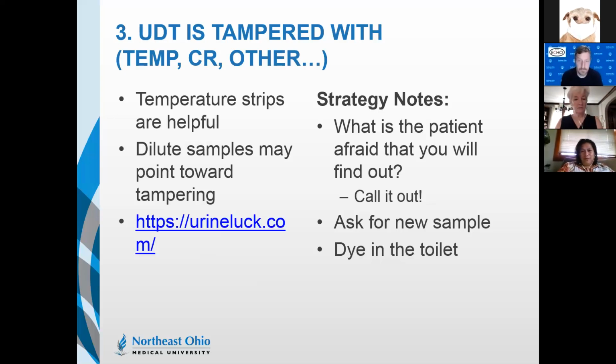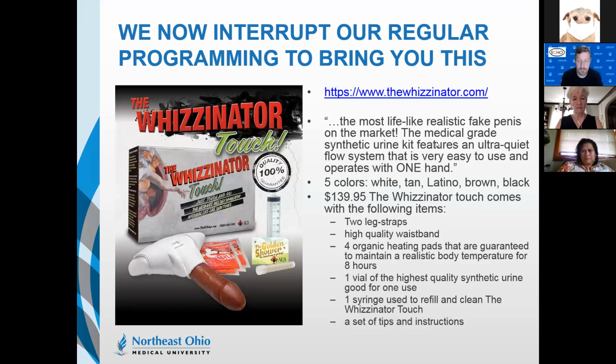So I am interrupting our regular programming to bring you a picture of the lengths that people will go through. This is sexist, I realize, because there's not an easy way for girls to do this. Well, I guess it is easier for women and girls.